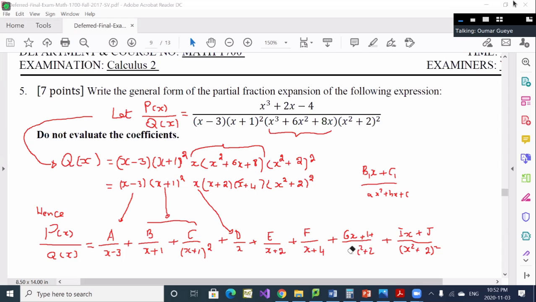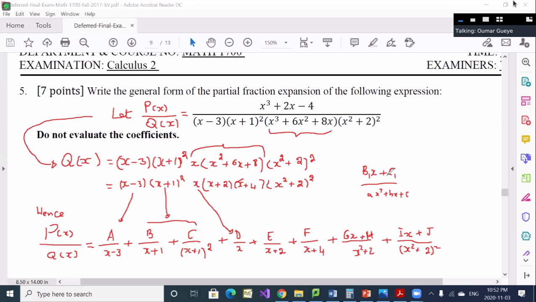So the last two terms are just an application of step 3. It's right here. But instead of using letters B1, C1, I just use I, J and G, H. And as I told you at the beginning, this does not depend on the name of your coefficients.